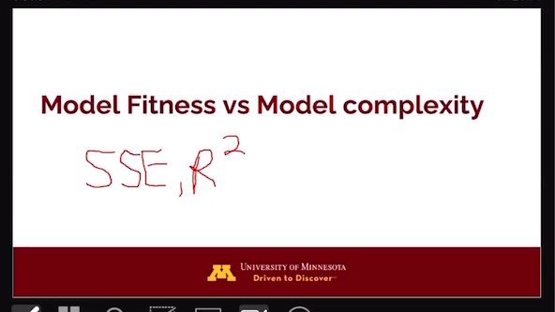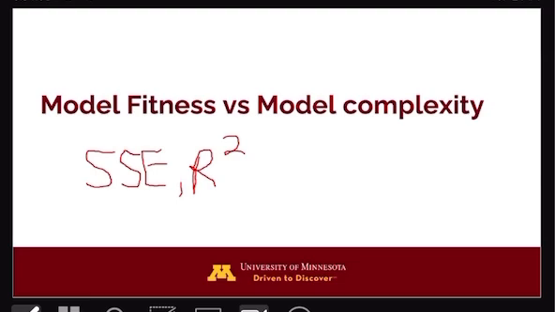In model fitness, you are using all your data, all the sample. You did not split. Okay? Now you estimate the model and compute the sum of square error. The sum of square error is the square of the distance between the actual response and the predicted response. You sum it together. That's the sum of square error.